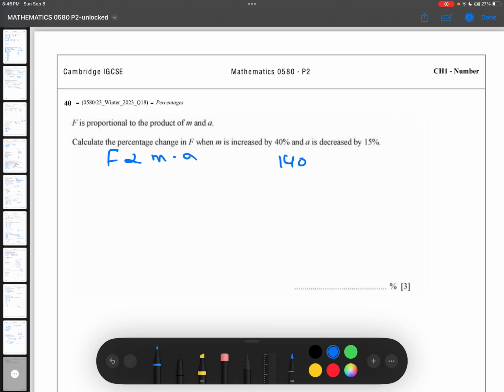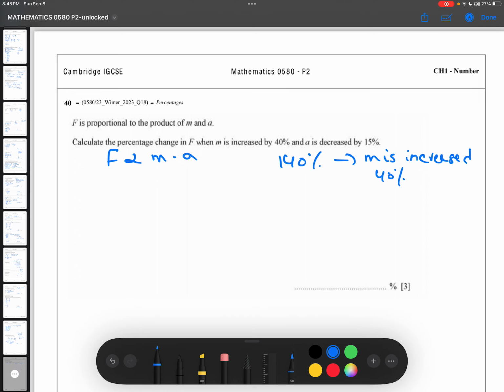After M is increased by 40%, now A is also in direct relation with force. So if A is decreased by 15%, then it will decrease the force by 15% as well.